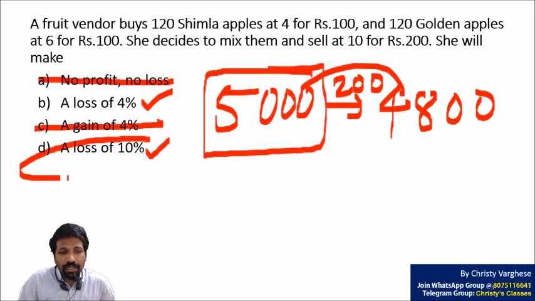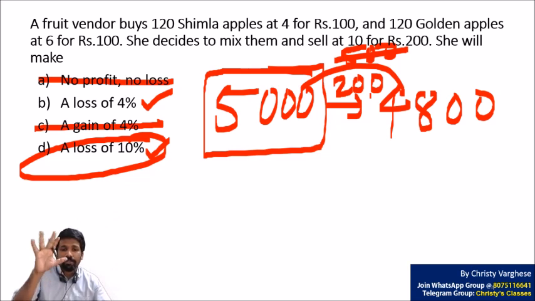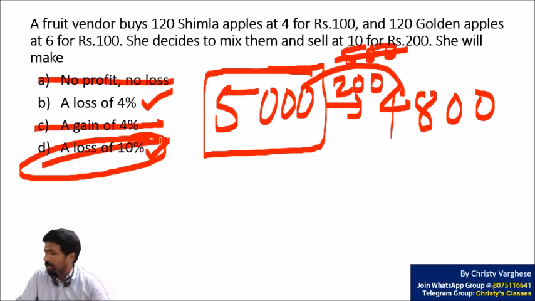If it is 10% loss, I should lose 500 rupees, not 200 rupees, because 10% of 5000 is 500. 500 reduced should be 4500, not 4800. That is enough to say that option D is clearly a wrong answer, because that is not 10% loss. That is why we eliminated option D.